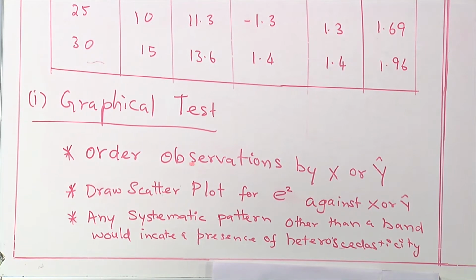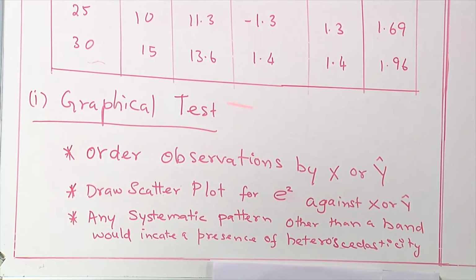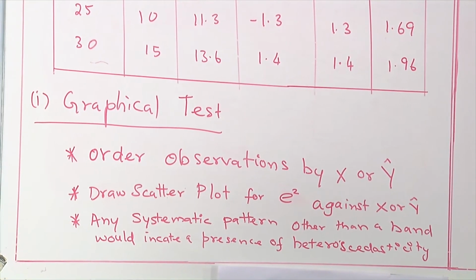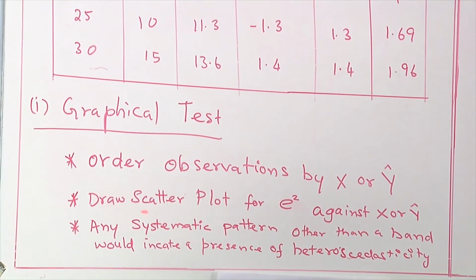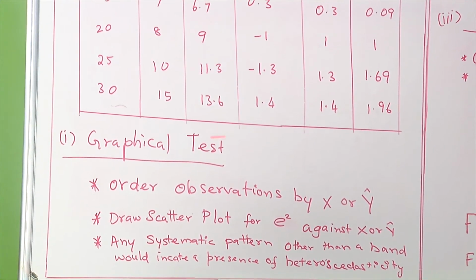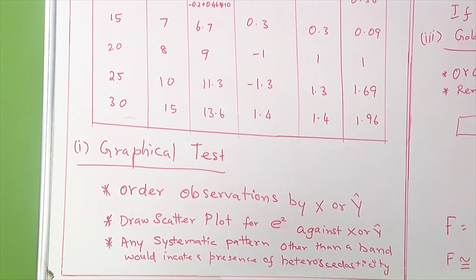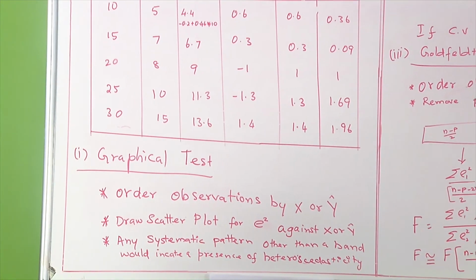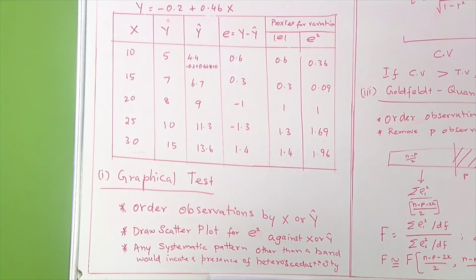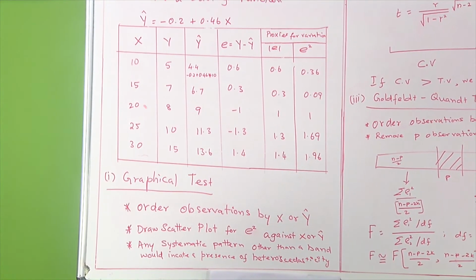Then after ordering the entire observations by x or y hat, we can draw a scatter plot for E square against x or y hat. So, we are drawing a scatter plot for this against either this value or this value.